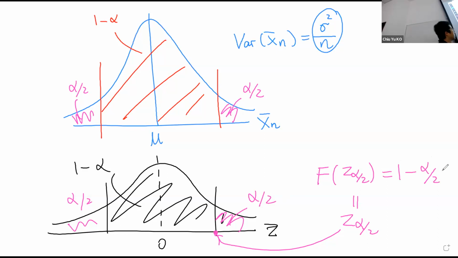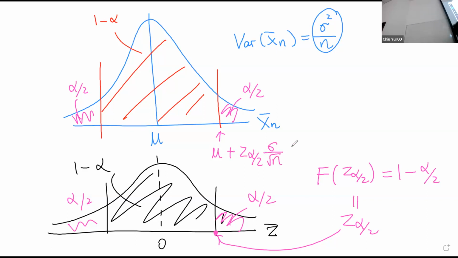Look at the left-hand side area: F of this number is equal to 1 minus alpha over 2. So look at the Z table to find where that number is, and that implies this number is mu plus Z alpha over 2 times sigma over root n.